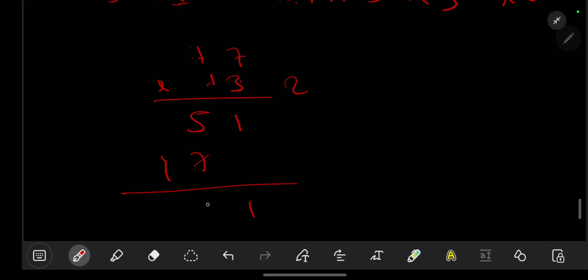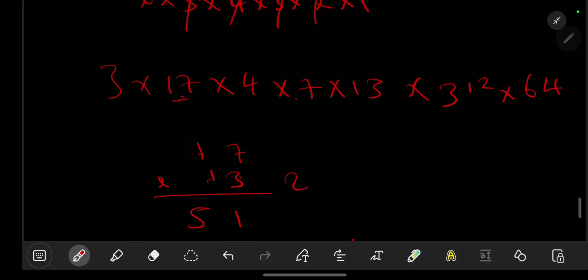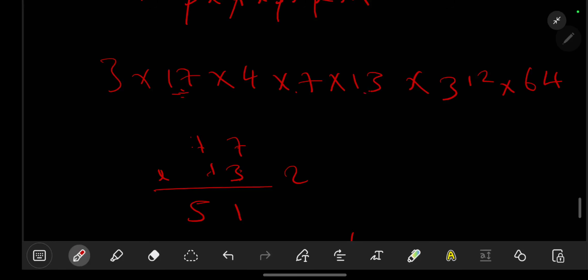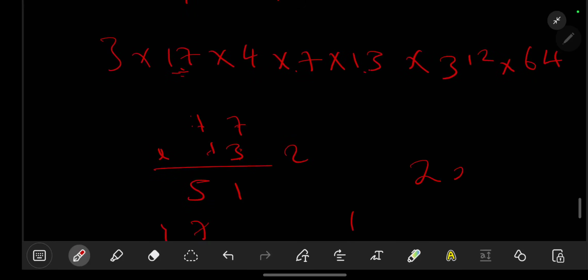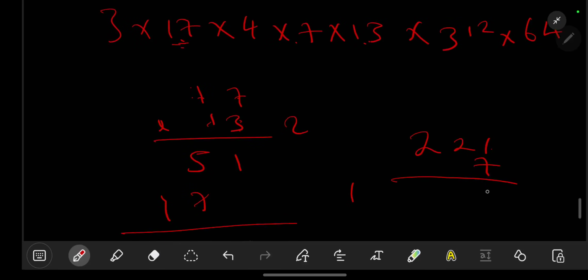So this will be 1, 2, remainder 1, 221. So we write 221. Let's multiply 221 by 7. This will give us 7, 4, remainder 1, 15. So we have 1547. So we have multiplied this.